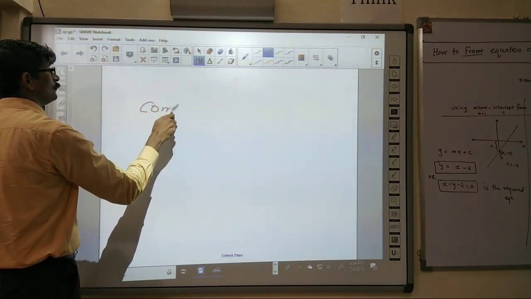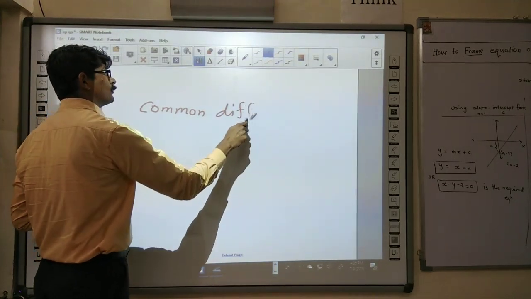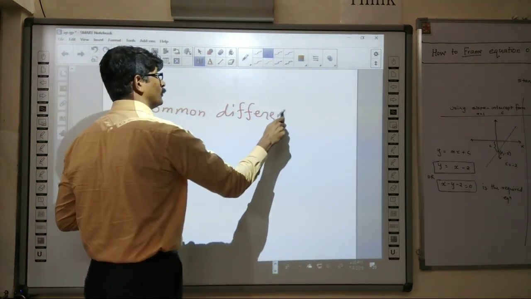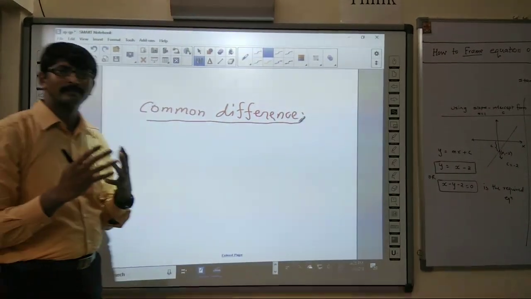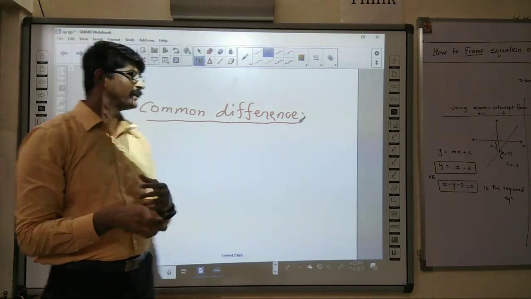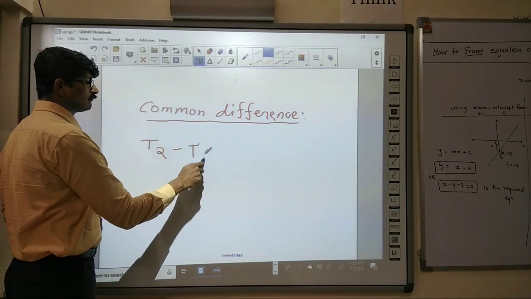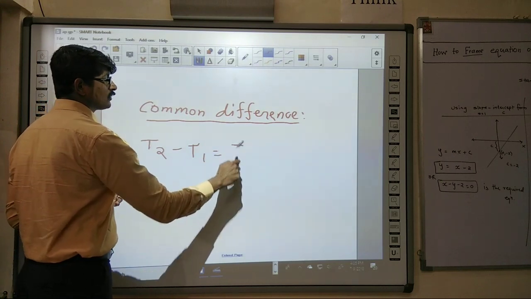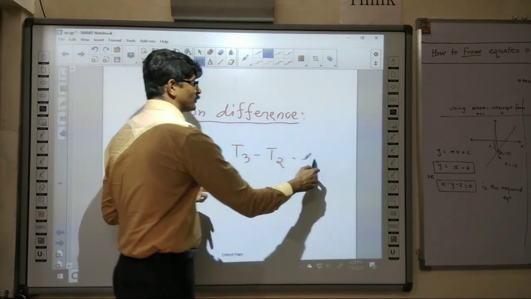So what is common difference? The common difference is succeeding term minus preceding term. Say term 2 minus term 1, or term 3 minus term 2, and so on.